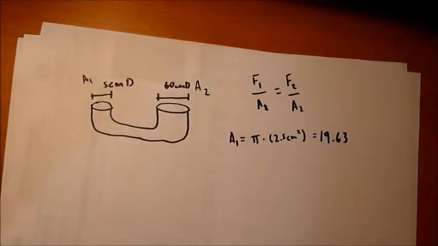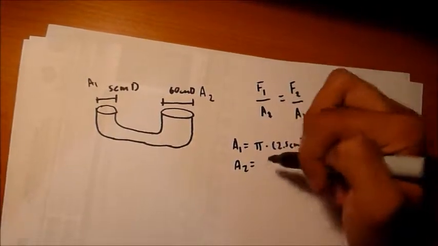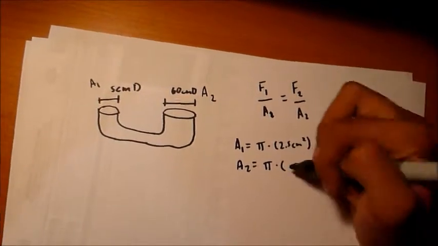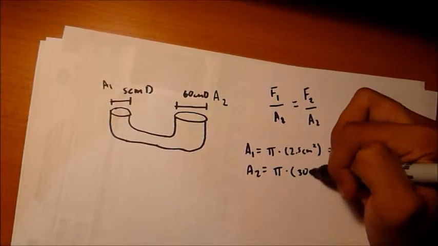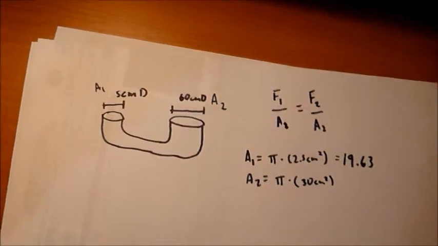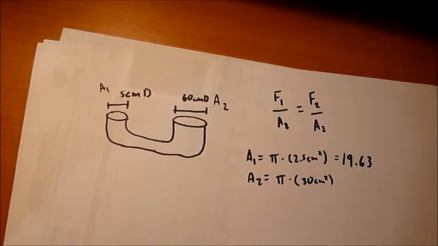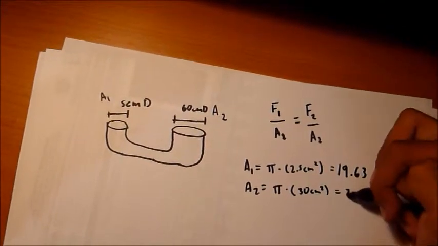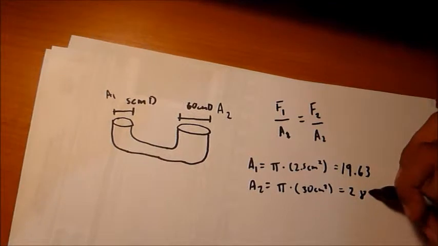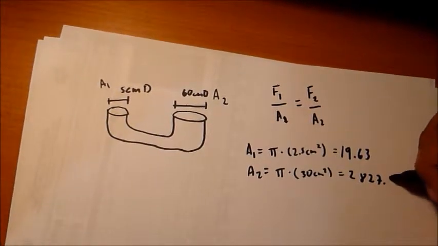That's our area 1. And for our area 2, it's going to be the same. We just change 2.5 for 30 centimeters squared, and that is 2827.4.